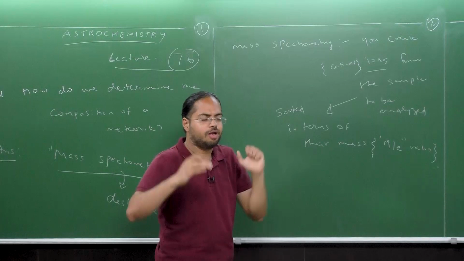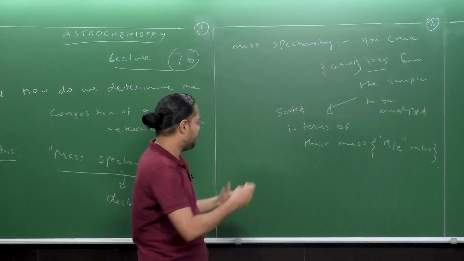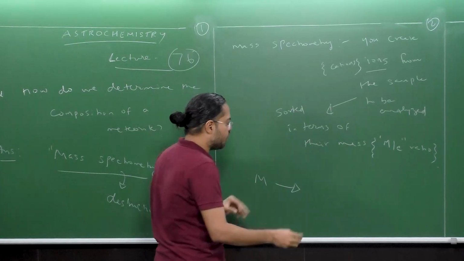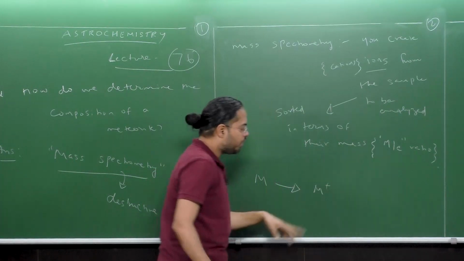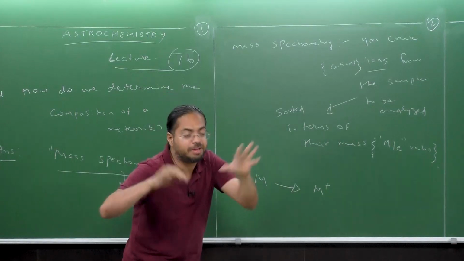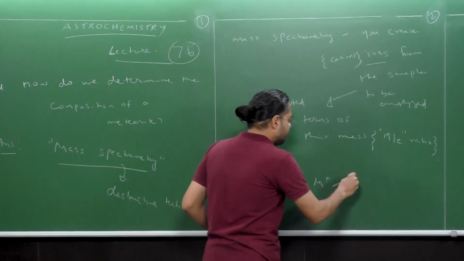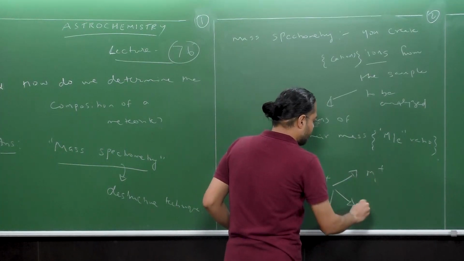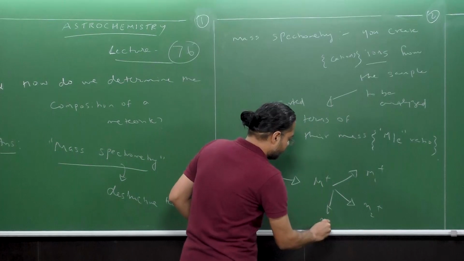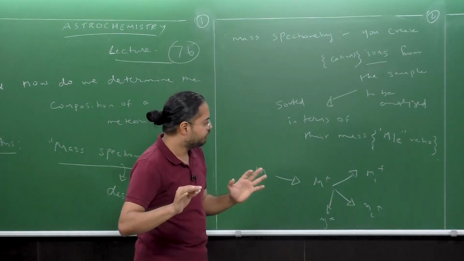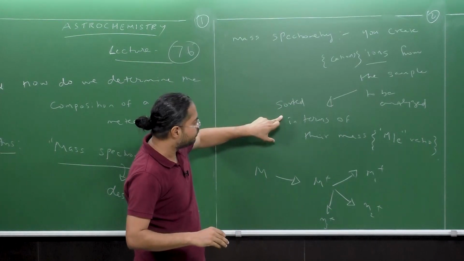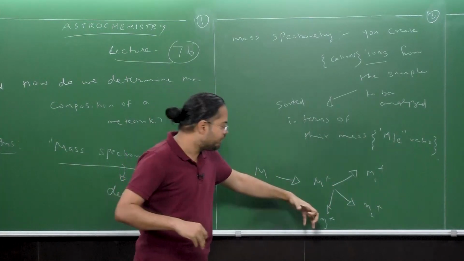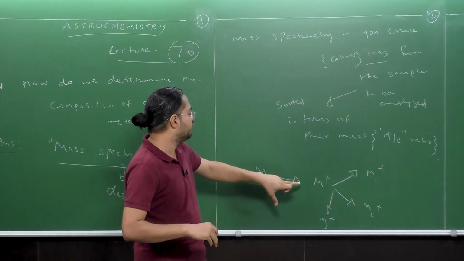Say you take a molecule M. When we create a cation, you will get M plus. But this M plus undergoes further fragmentation. Typically, it gives rise to various fragments such as m1 plus, m2 plus, m3 plus, etc. These are the ions which are sorted in terms of their masses, and the fragmentation pattern, starting from this M plus ion.